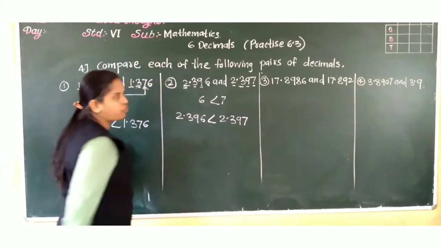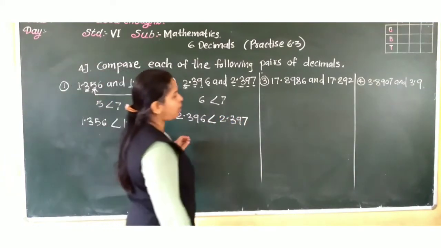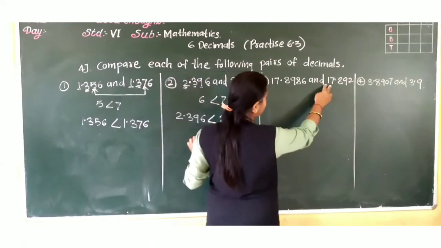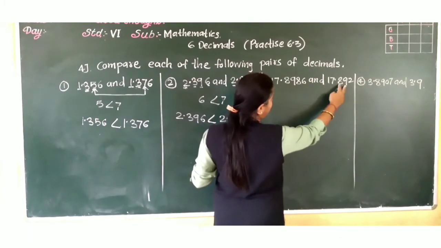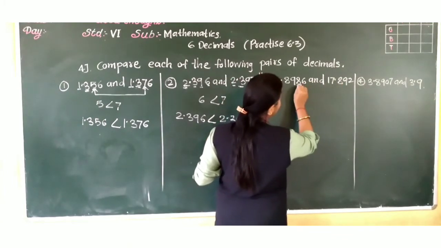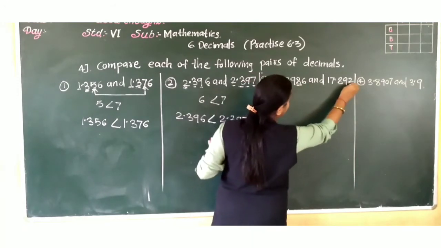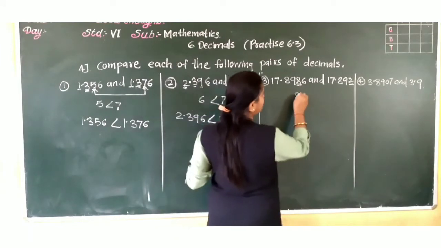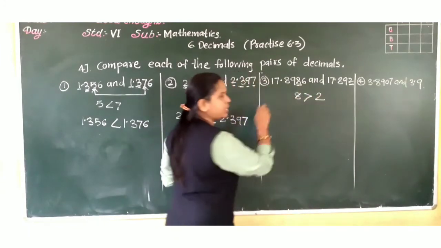So which decimal is greater? 2.397. Followed. Next. Here see, 17 same, 17 same. 89 same, 89 same. Now look at this. This 8 and this is 2. So who is greater? 8 is greater or 2? 8 is greater.